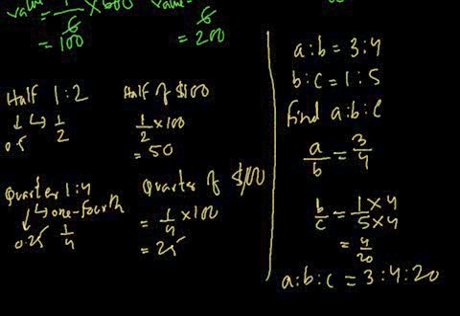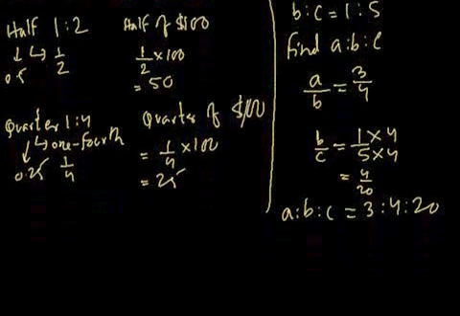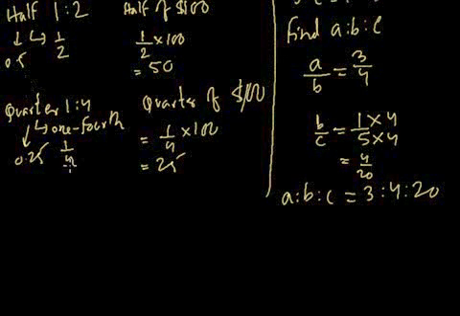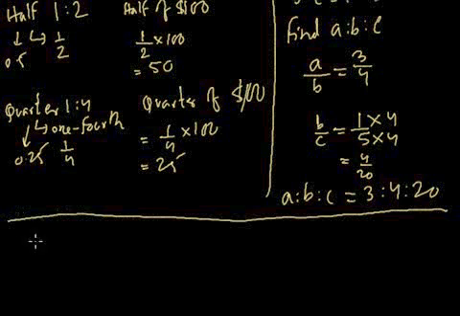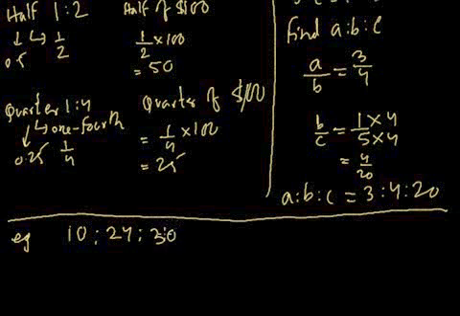Now if we wanted to, we could have simplified these, but these three things cannot be simplified. Let me show you how to simplify ratios when there are three terms. Let me do another example here. If we have 10 is to 24 is to 30. Now the first thing that we have to check is whether they have the same unit.